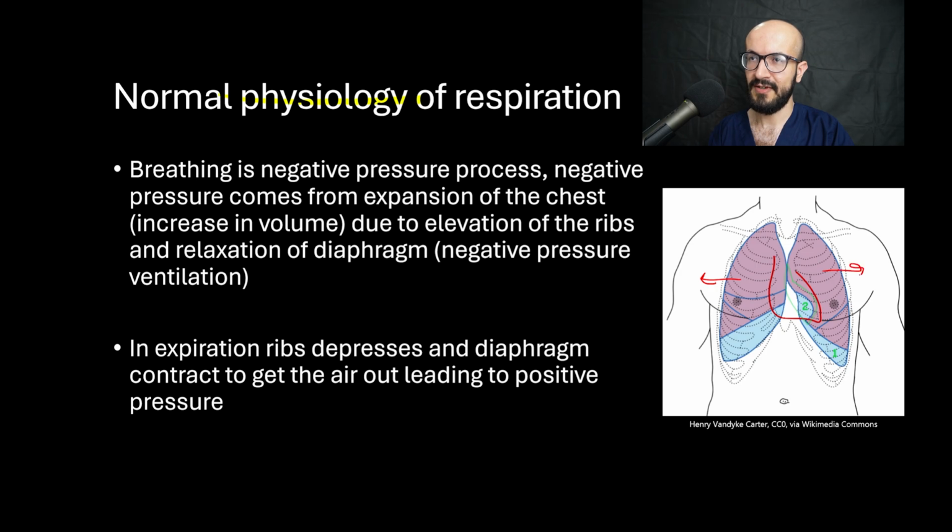The ribs elevate and the diaphragm relaxes to increase the volume and lead to negative pressure inside the lungs, and the negative pressure sucks the air into the patient's lungs. In expiration, the opposite occurs. The ribs depress and the diaphragm contracts upward, which leads to positive pressure inside the chest, pushing the air out into the outside environment.